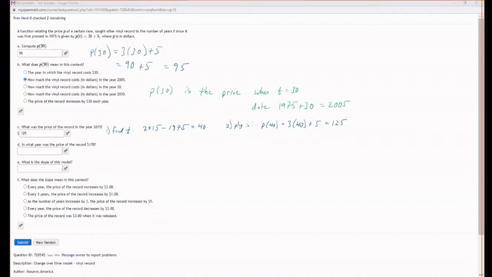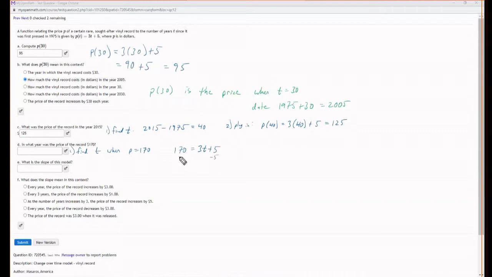So for part D, we're first going to find T when P is equal to 170. All right, so that's going to be our first step, is to find the T value. So when the price is 170, I have 170 equals 3T plus 5.